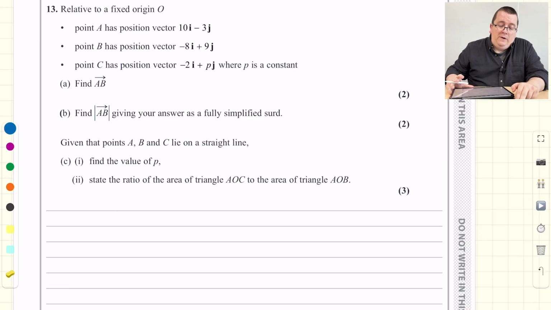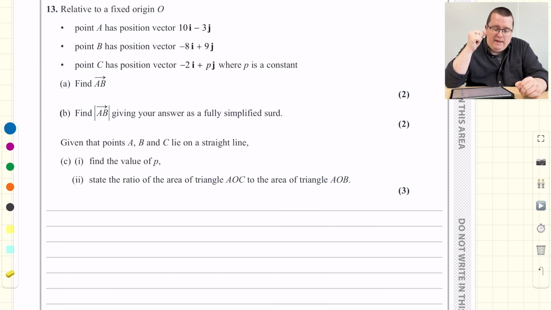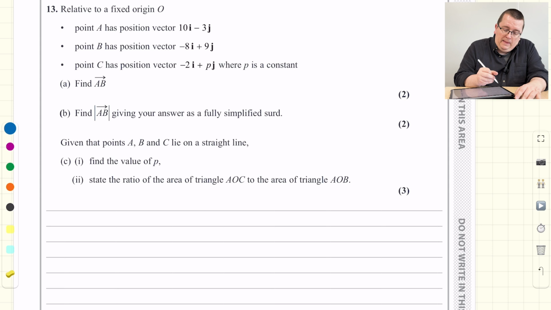So this is question number 13. Relative to a fixed origin O, point A has position vector 10i minus 3j, point B has position vector minus 8i plus 9j, point C has position vector minus 2i plus pj, where p is a constant. So part A, find AB. So the vector A to B will be OB minus OA.